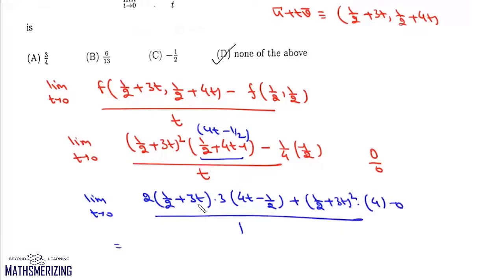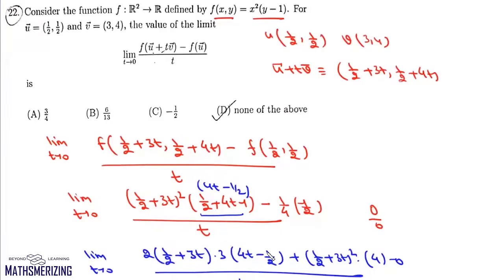Now if we put t as 0, we'll get minus 3/2 and then plus 1, which is minus 1/2. So the answer to this limit will be minus 1/2, and that's your option C.